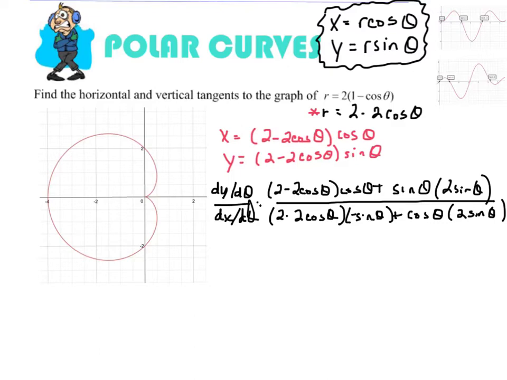Now, of course, for a horizontal tangent, we need dy d theta, the numerator, to be 0. For a vertical, we need the denominator, or dx d theta, to be 0.